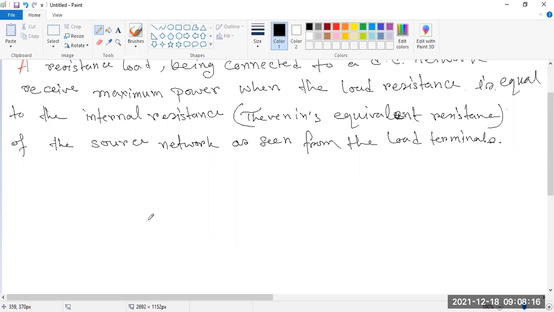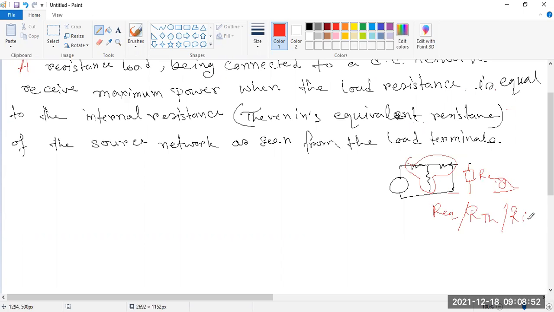Just like this, if there is a voltage source and so many circuits and resistances, and this is a load resistance, then as per Thevenin theorem, you have to open it, look from this terminal, and calculate the equivalent resistance, R equivalent, or RTH, or R internal, whatever you may find.